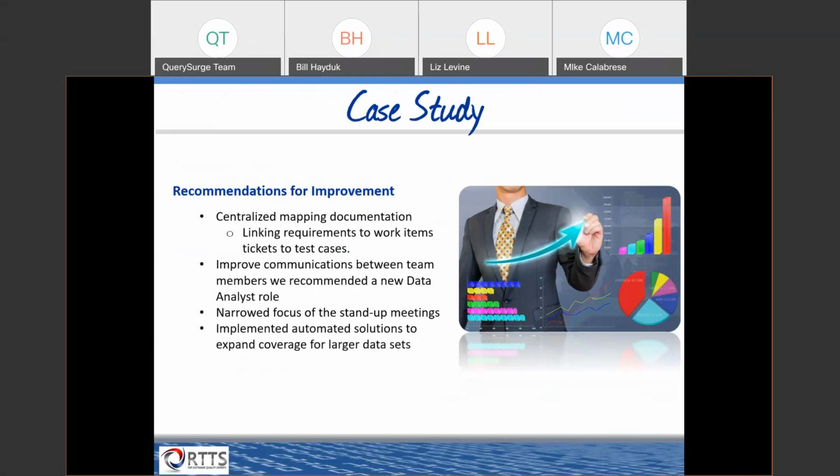And given the amount of data that they were covering, we also suggested an implemented automation solution. And this allowed them to expand their coverage for the larger data sets that they wanted to test, and they definitely realized some benefits from that compared to the old way of doing things.